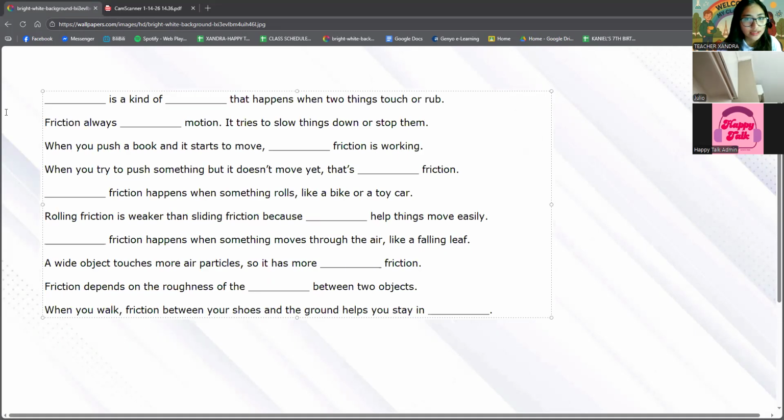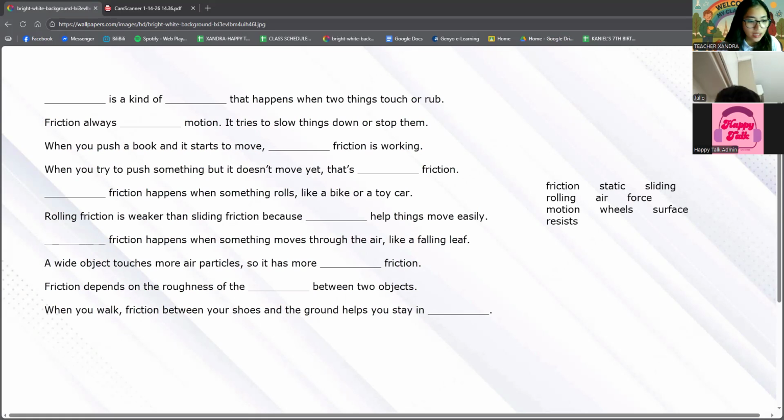Can you see my screen? Yes. Okay, so you can choose words here on the right side and answer the items. Just tell me in words, you don't have to write it down.